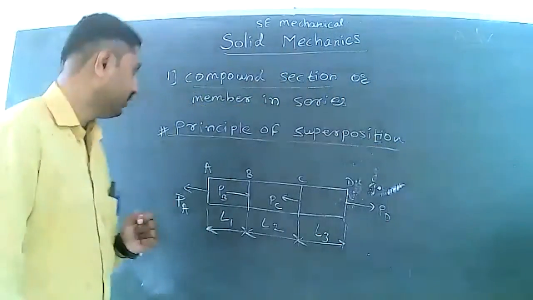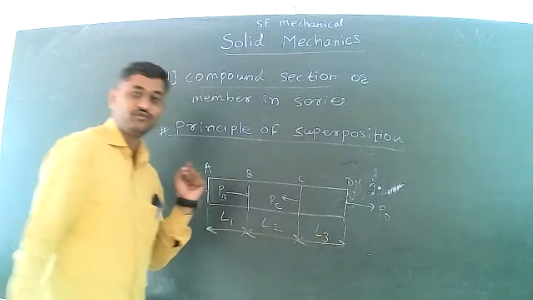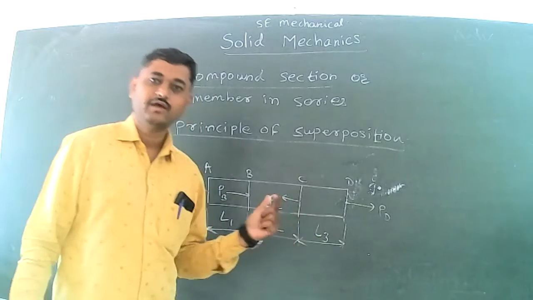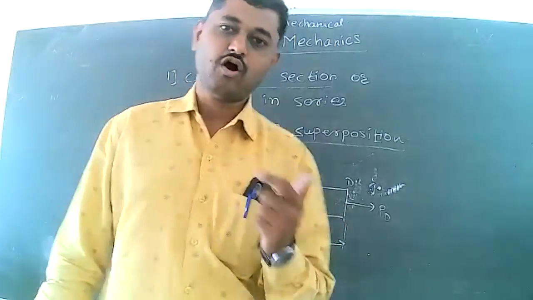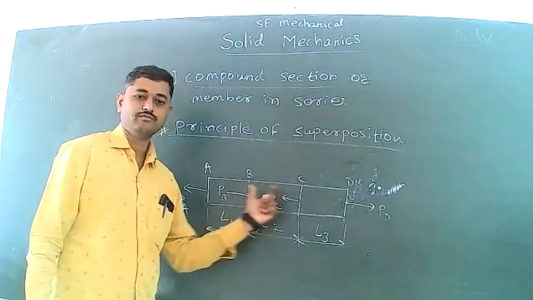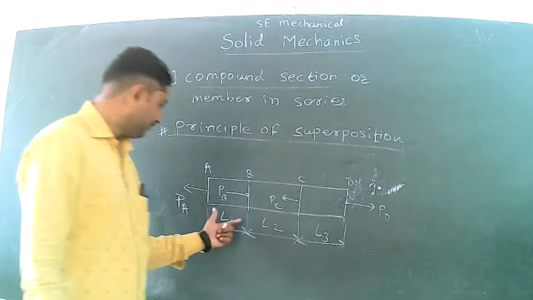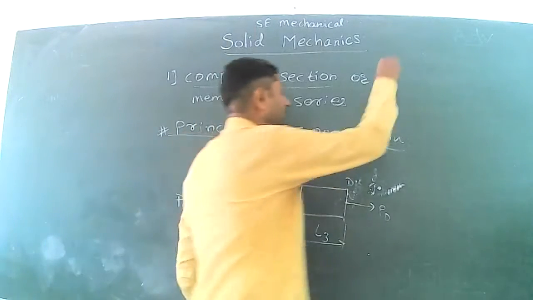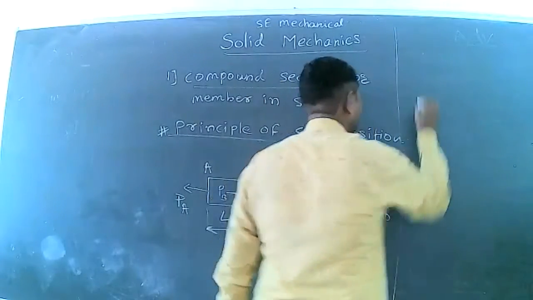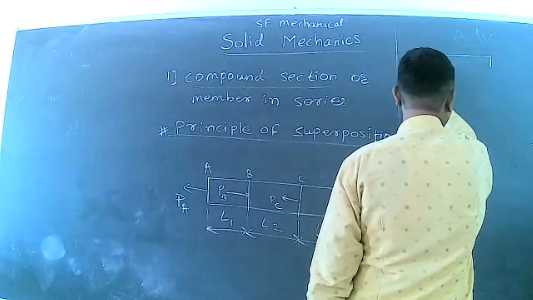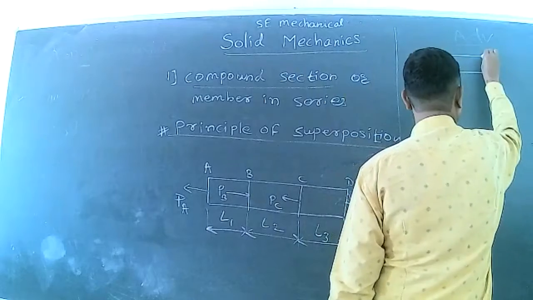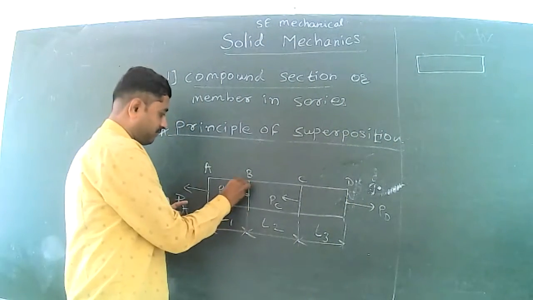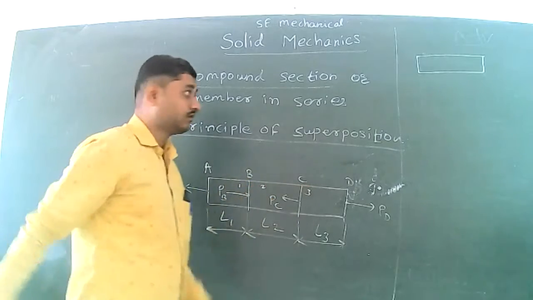What is the principle of superposition? Here we have to find the net deformation. The net deformation of the member is nothing but the addition, or algebraic sum, of the deformations of the individual members. If we draw these as separate members, they look like this: first, second, and third.